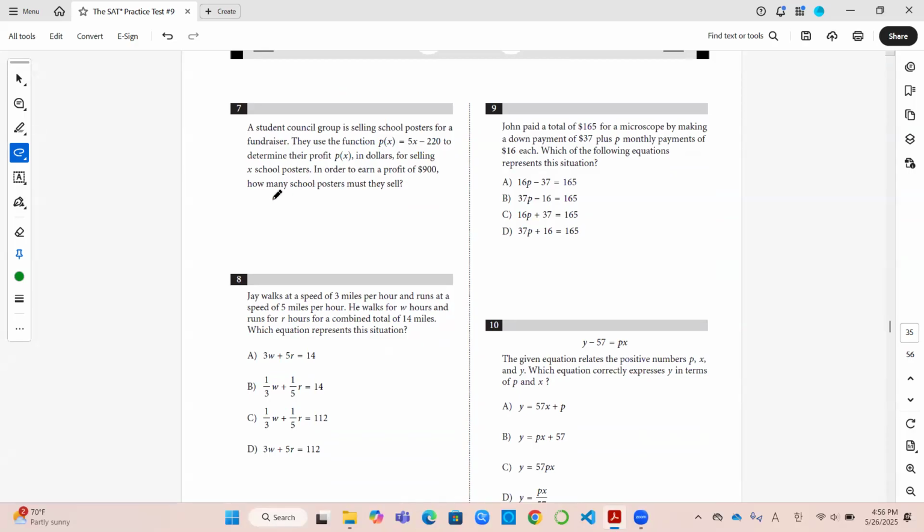All you gotta do is 5x minus 220, and since it's a profit, I want to set this as greater than or equal to 900. And if you solve for x, x becomes 224. So 224 is the correct answer here.